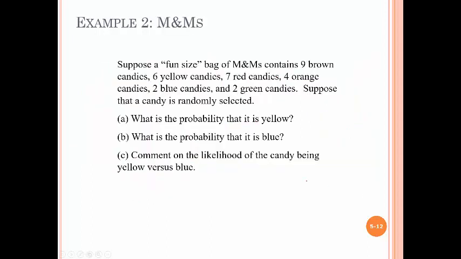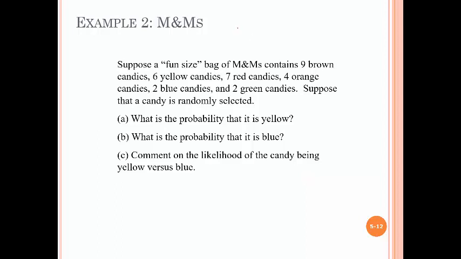Let's try this last example about M&Ms. Suppose a fun-sized bag of M&Ms contains 9 brown candies, 6 yellow candies, 7 red candies, 4 orange candies, 2 blue candies, and 2 green candies. Suppose a candy is selected at random.